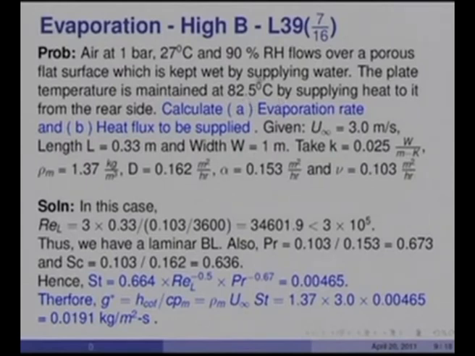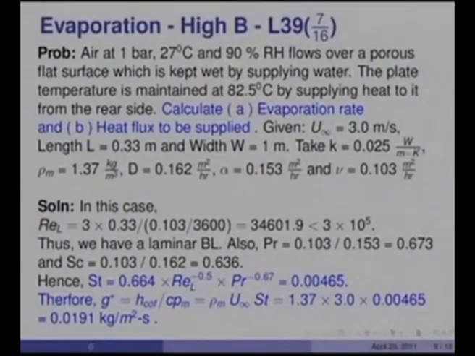Now, of course, when you supply water, the cooling would take place, and if you want to maintain the temperature of the plate at 82.5 degrees centigrade, then we may have to supply some heat from the rear side of the plate. So, we want to calculate the evaporation rate and heat flux to be supplied. Now, problems of this type arise in food processing typically, where some material processing, where you want to maintain the surface at a given temperature for whatever the subsequent processing is.